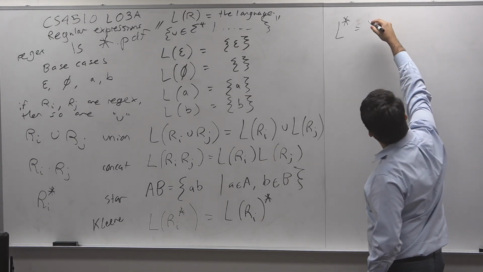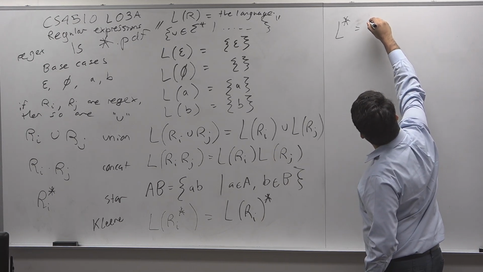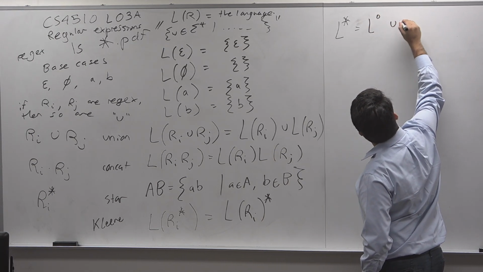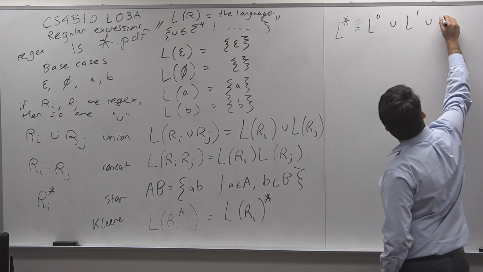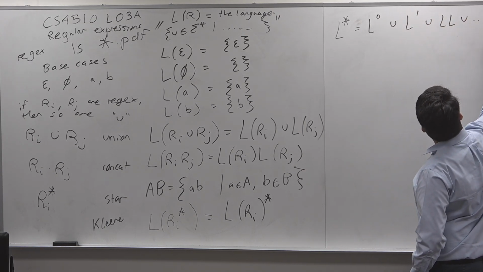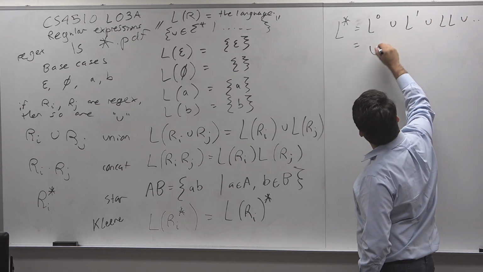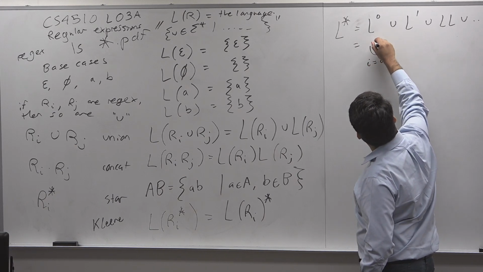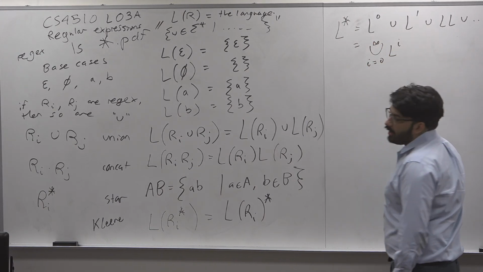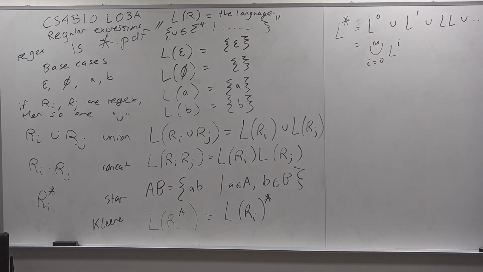So this is going to be L^0 union L^1 union L^2 union and so on, which is in fact just the union for i equals 0 to infinity of L^i, where L^i is i copies of L concatenated with itself, right? So right now we don't have any examples. We're just working with the definition. Are there any questions on just the definition?